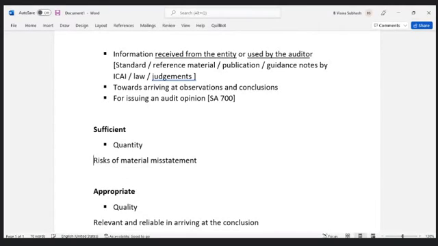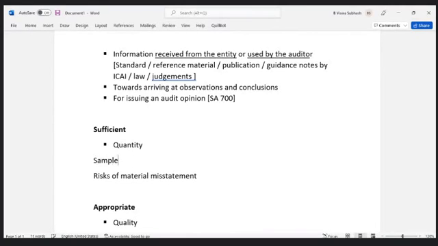When we take a sample, there are a certain set of risks of material misstatements that we may come across. So for that risk of material misstatement, let's say the sample size is 30, and we have observed this risk of material misstatement in 5 samples.